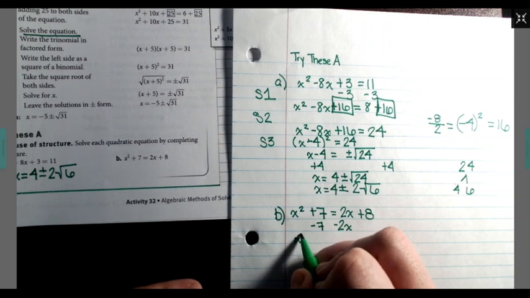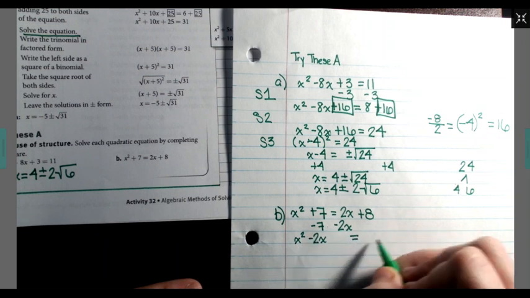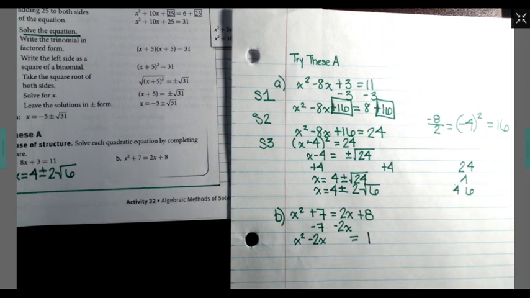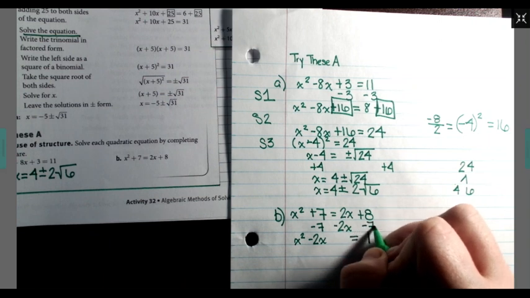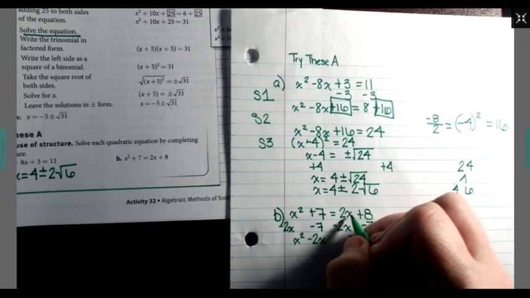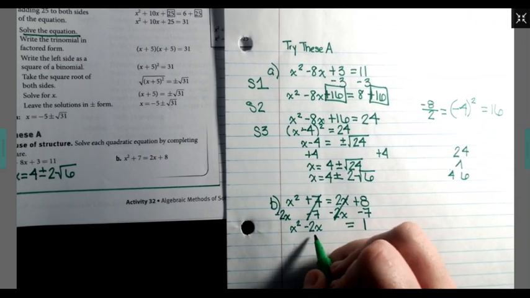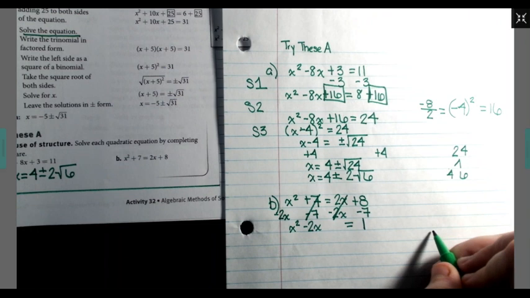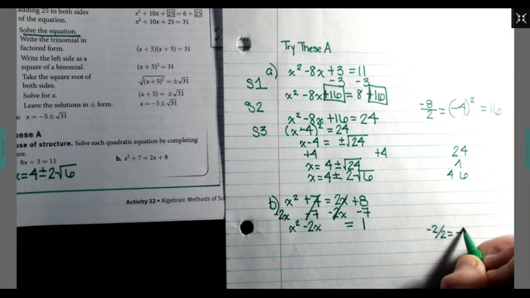So that's going to give me x squared minus 2x equals 1. Okay, so off to the side, we're going to complete the square. That says take negative 2, divide by 2. That gives me negative 1.